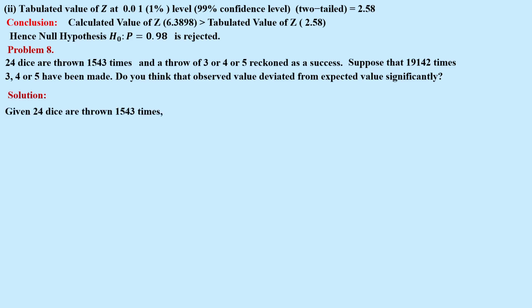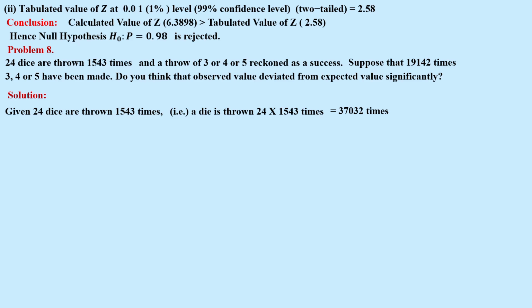So given 24 dice are thrown 1543 times, that is, a die is thrown 24 into 1543 times, both are the same. If you are throwing 24 dice or a die 24 times, both are the same. So a die is thrown 24 into 1543 times.